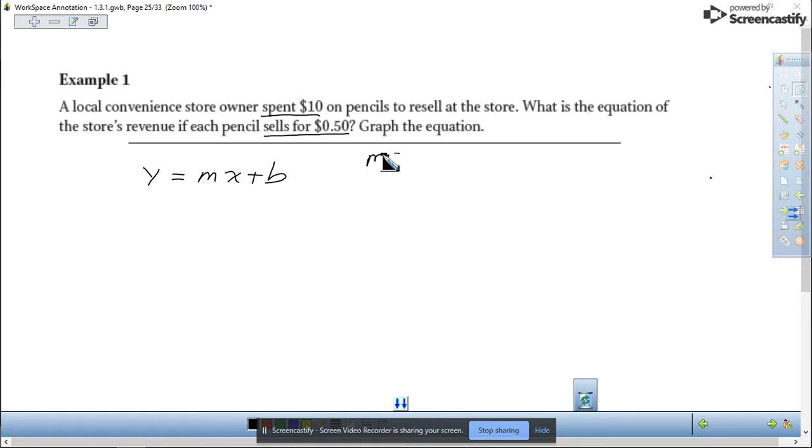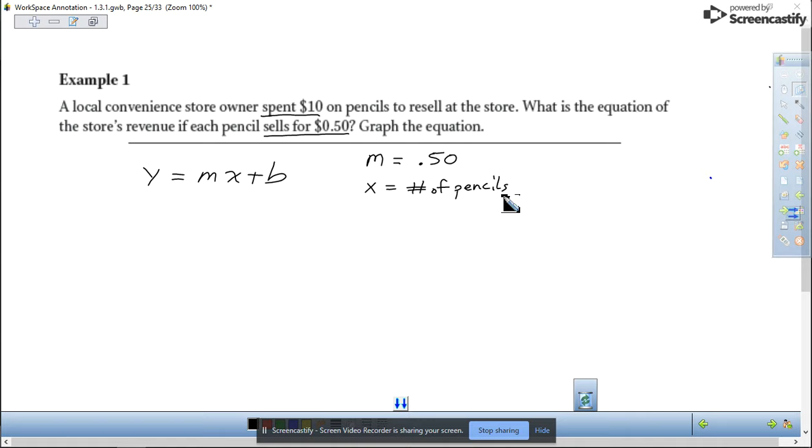Our M is going to be what you're selling each pencil for. So M is going to be 0.50. Okay, and then X is the number of pencils. All right, and our B is going to be our initial value, like before you sell any pencils.